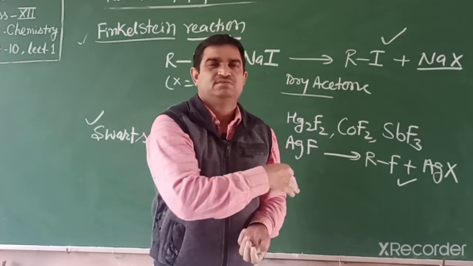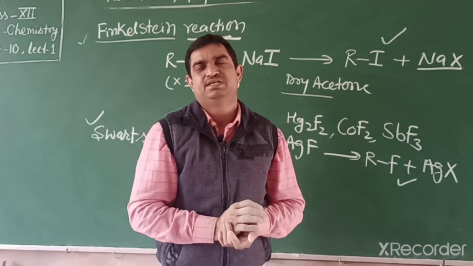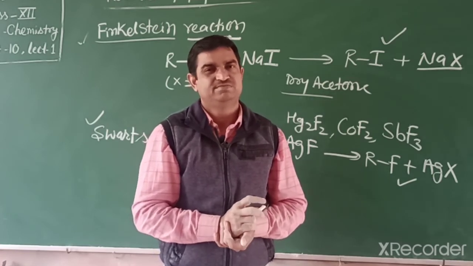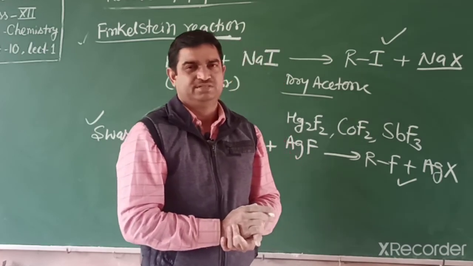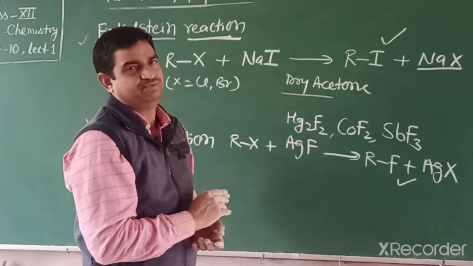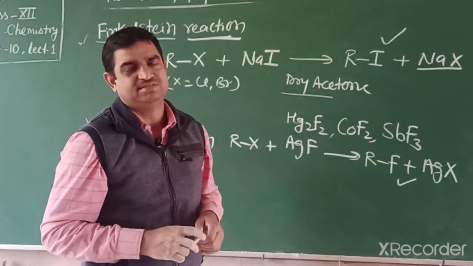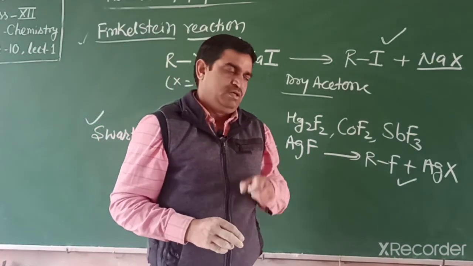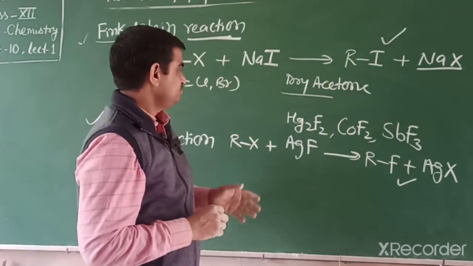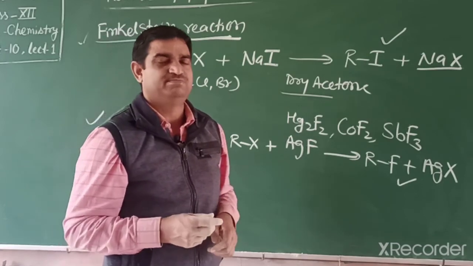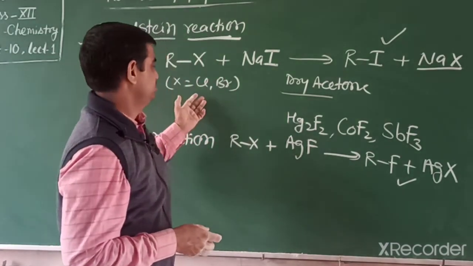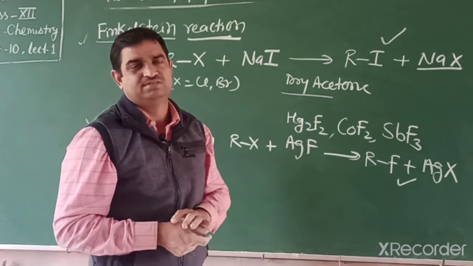And for making aromatic halides, we require the Sandmeyer reaction. With the Sandmeyer reaction we can prepare iodide and fluoride. So remember these name reactions, especially Sandmeyer, Finkelstein and Swarts reactions.